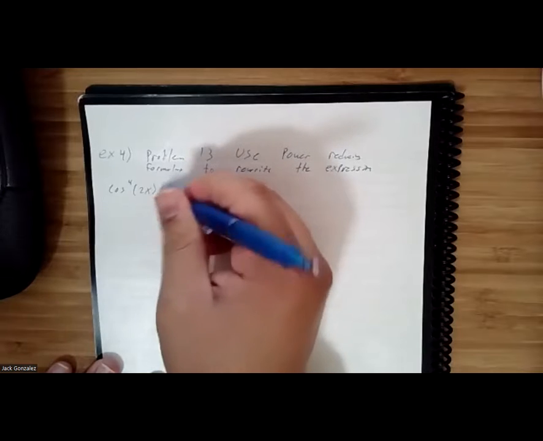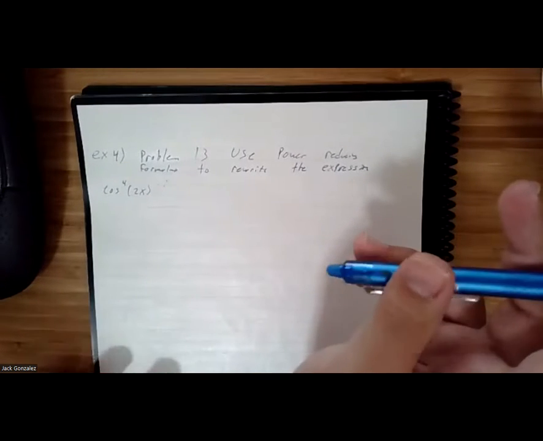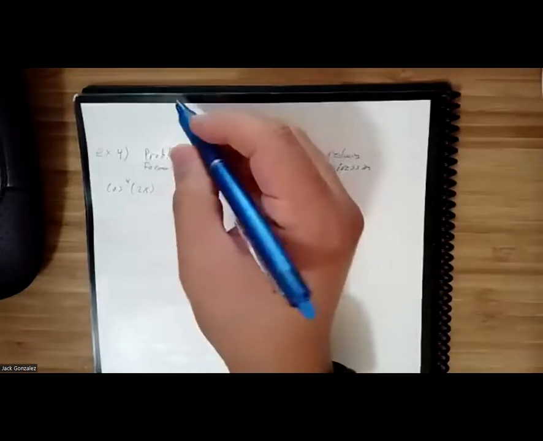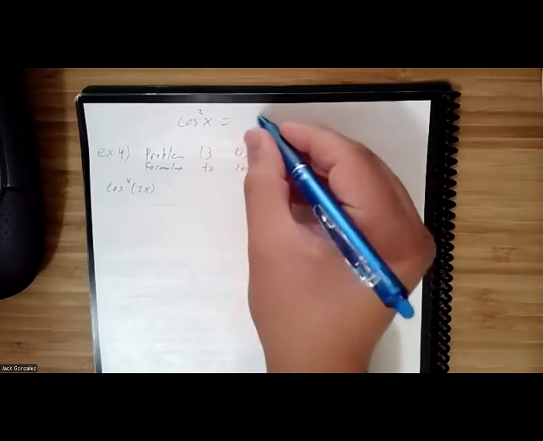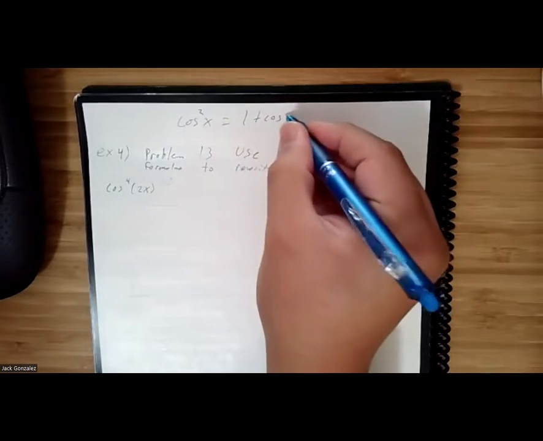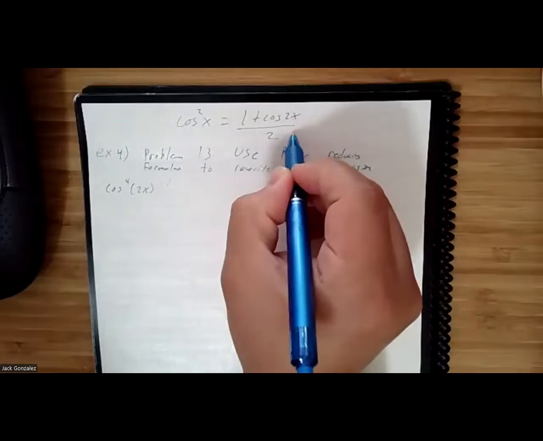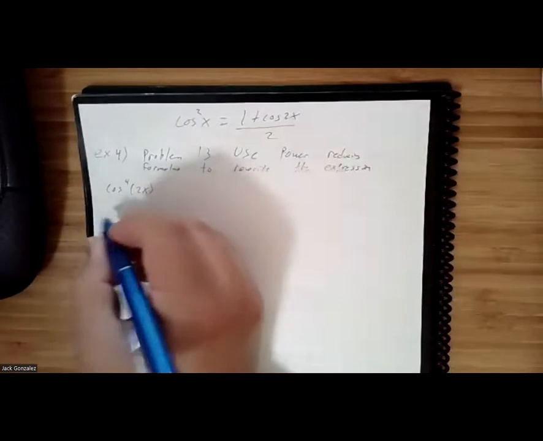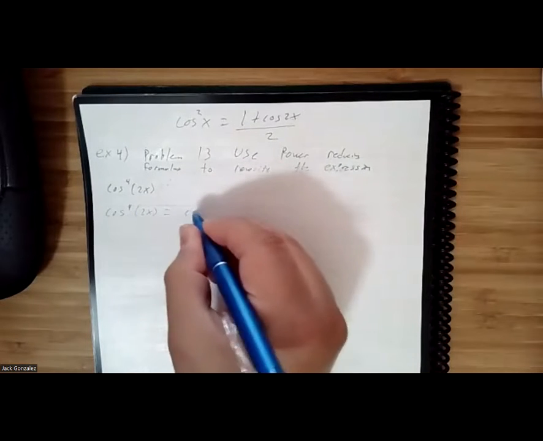That's what they give us, right? So you want to reduce it by using the power reducing formula for cosine. So remember that cosine squared x is equal to 1 plus cosine 2x over 2. So whatever's in here gets doubled, and then you lose the square. So basically, you have to rewrite this as a square squared.